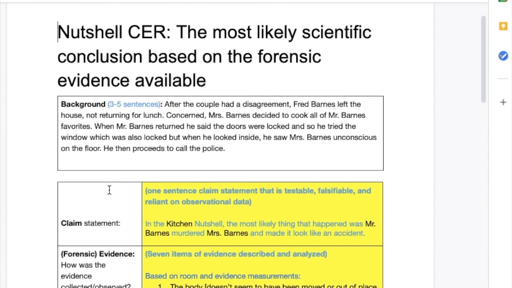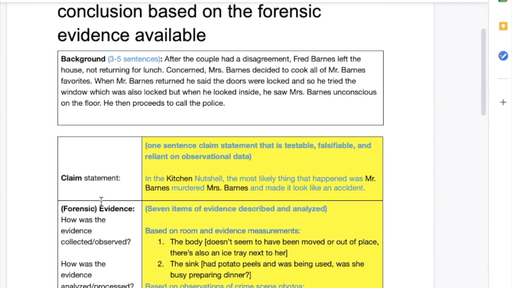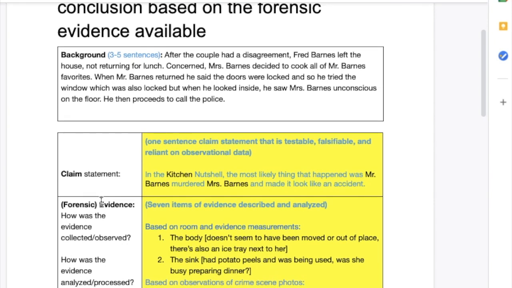You've asked me, please state your name for the court, and I will say, my name is Max Whaley. Please, what is your expertise? I'm a crime scene investigator. And which crime did you investigate? I investigated the kitchen nutshell. Okay, thank you. Please give us some background. Well, after a couple had a disagreement, Fred Barnes, the husband, left the house, not returning for lunch. Concerned, Mrs. Barnes decided to cook all of Mr. Barnes's favorites.